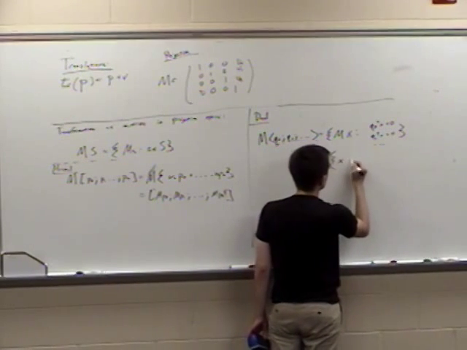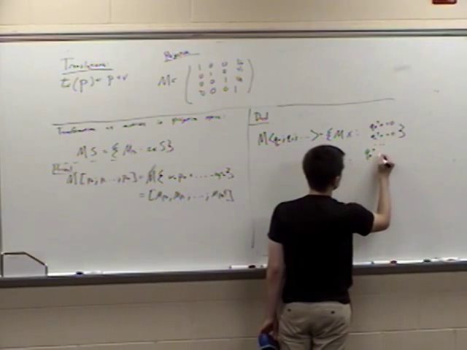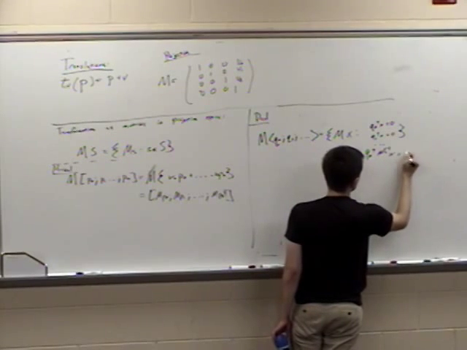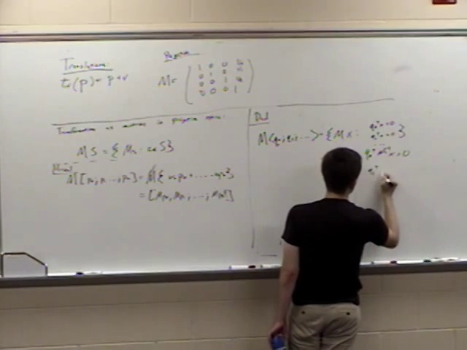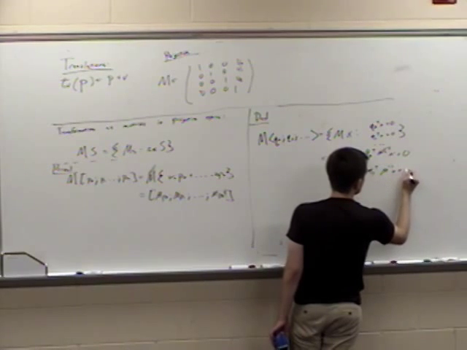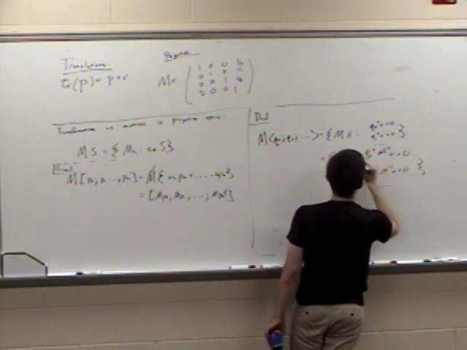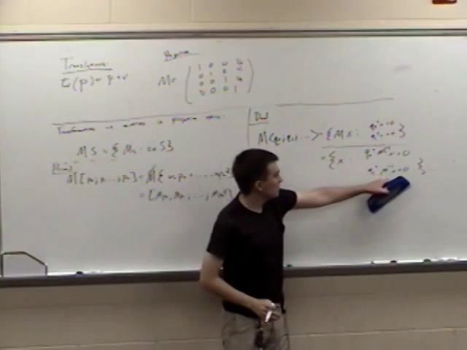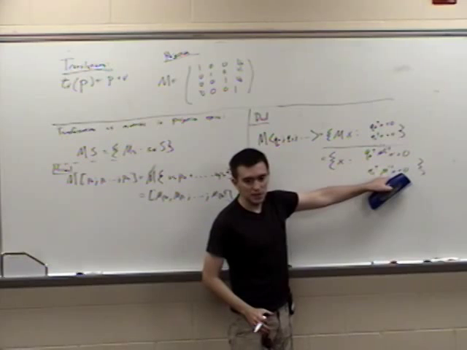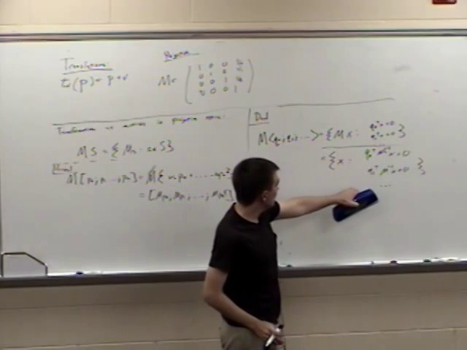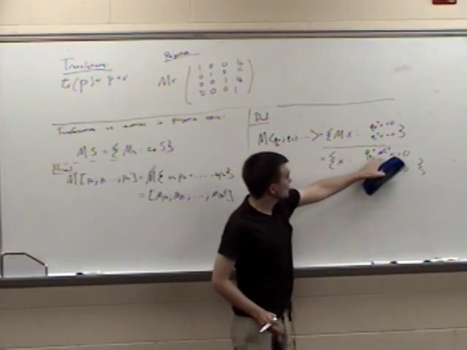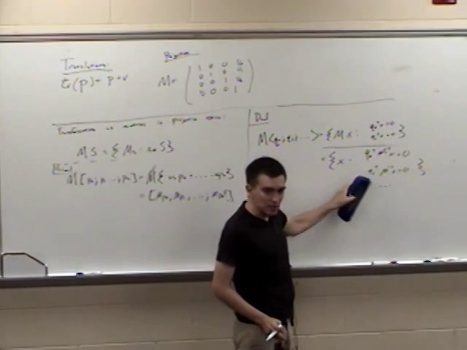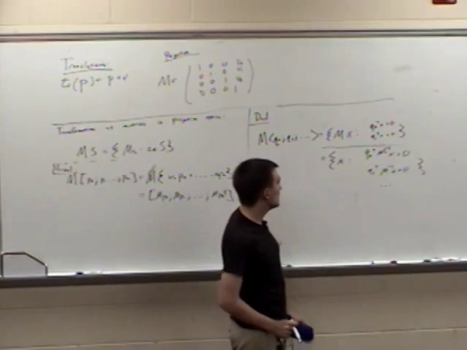So I'll get x, and I'm going to have Q0 transpose M inverse x equals 0, Q1 transpose M inverse x equals 0, etc. So you see I have an M inverse x on all the equations inside this set. Now, this is basically a Q0 transpose here, because it was a dot product. So if I pull the M in there, it actually needs to be an M inverse transpose applied to each of the Q's.